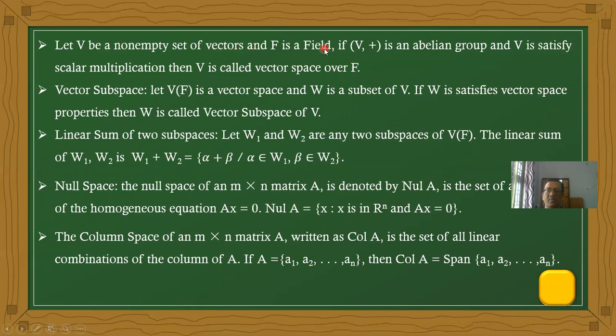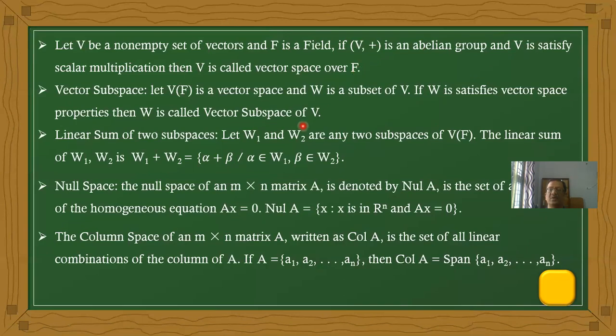Scalars come from F and vectors come from V. With respect to the internal composition, that is vector addition, we should satisfy all abelian group properties. And with respect to the external composition, we should satisfy scalar multiplication properties. Then we can say V is a vector space over the field F.